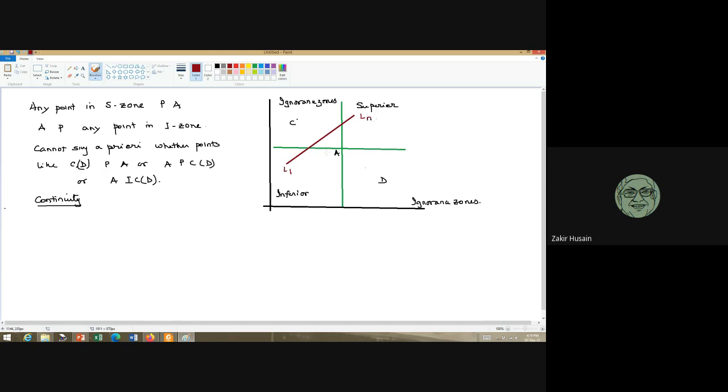What is the ranking? If you look at A and L1, which is better? A is preferred to L1. If I call this L2, A is preferred to L2 and L3. Now, let us look at this.